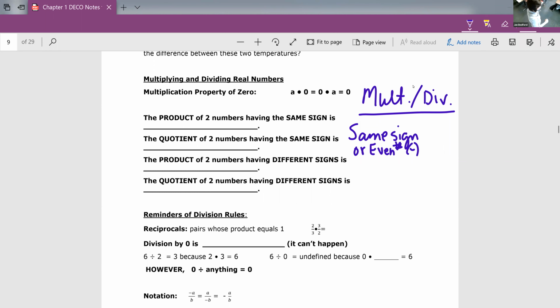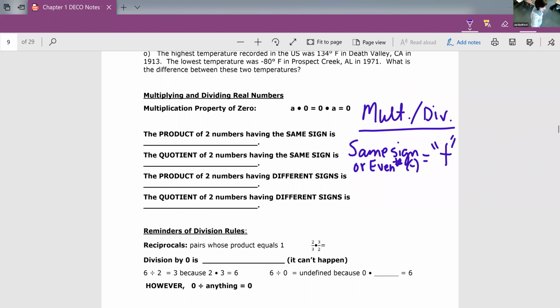And if it's an even number of negative signs, my answer will be what sign? Positive. Very good. So that's going to be the sign if I have an even number of negative signs.